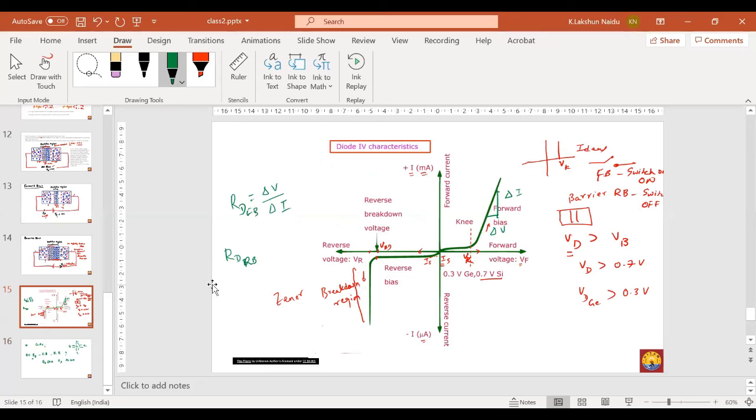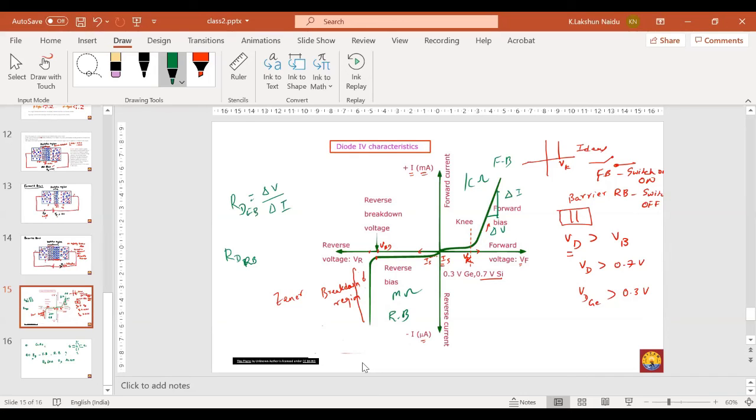Simply, it will be in kilo ohms here and in mega ohms there. So it will be in kilo ohms in the forward bias region, and in mega ohms in the reverse bias region. You should also remember these typical values of resistance. So try to find these values for silicon and germanium.